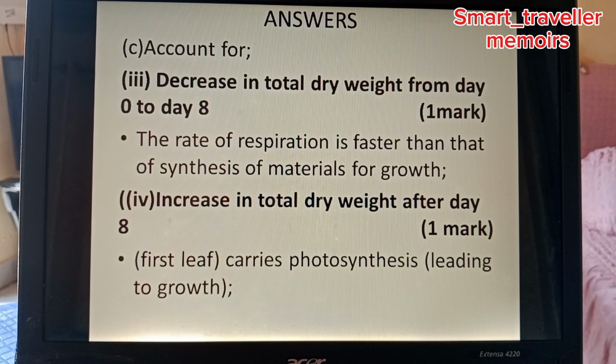The reason is the rate of respiration is faster than that of synthesis of materials for growth. Increase in total dry weight after day 8. Reason: the first foliage leaves carry out photosynthesis leading to growth.